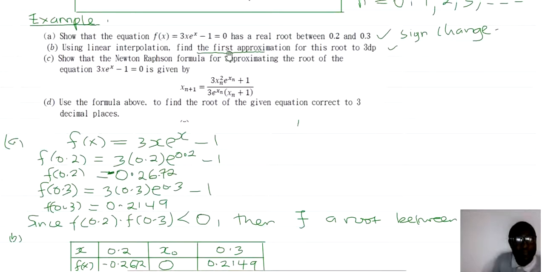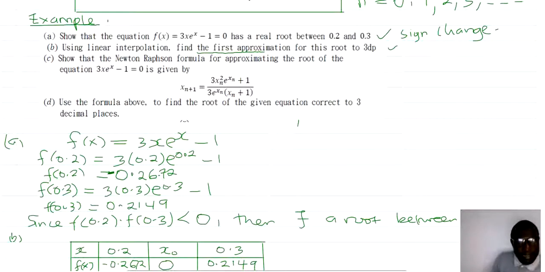part B. Now we are going to part C, which requires us to show that the Newton-Raphson formula for estimating the root of the equation, this one here, is given by this formula here. So we are supposed to derive this formula.